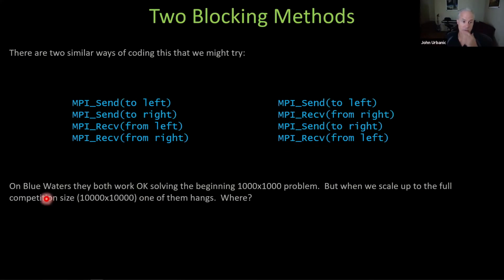On Blue Waters, which was a machine until recently at one of the supercomputing centers, whenever we went up to a 10,000 by 10,000 array, which is something we do in some of our classes here, we make the array bigger to make it a more challenging problem, we'd run into this problem. If we just tried to send everything at once, it would block and back up and hang. So you can run into this even on huge machines at relatively modest message sizes.